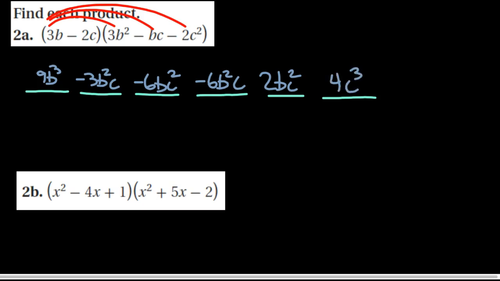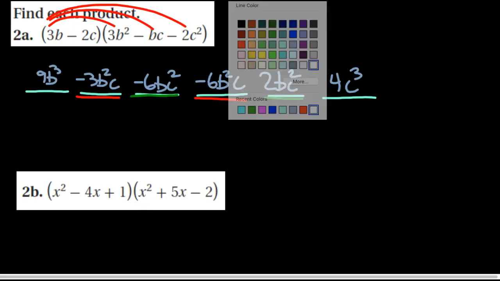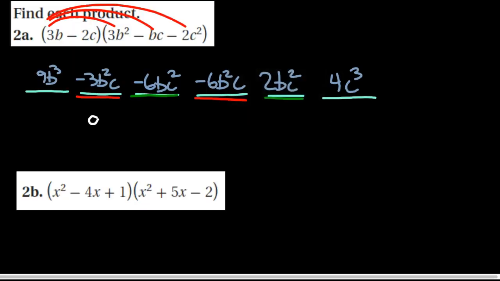So this one's kind of messy because we have two different variables. So do we have any like terms here? Let's see. We have a b squared c term here, and we have a b squared c term here. And then we also have a bc squared there and a bc squared there. So if we rewrite this in standard form, we pick a variable.